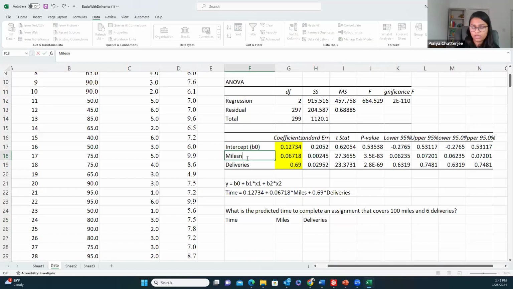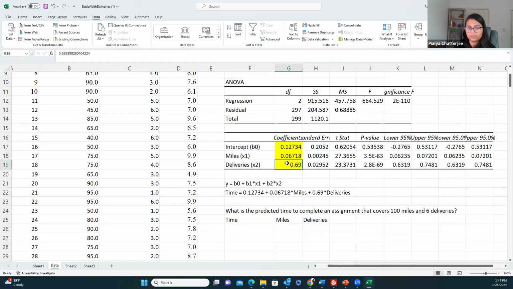This is your X1. And then here you have B1, and this is your X2, and here you have B2. So basically, these are your B's.